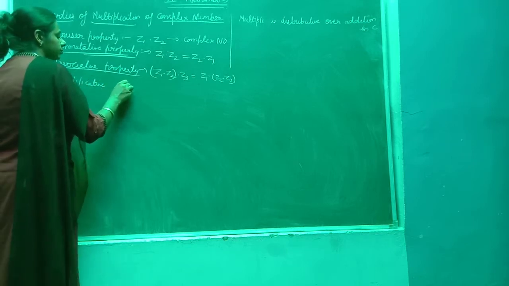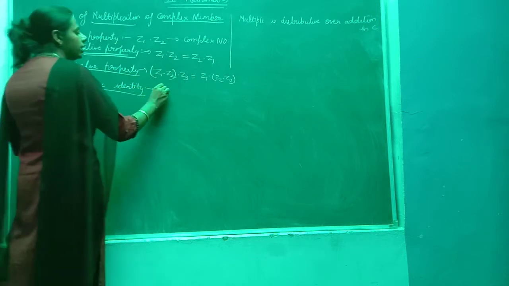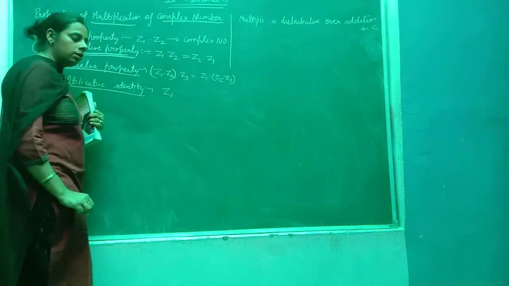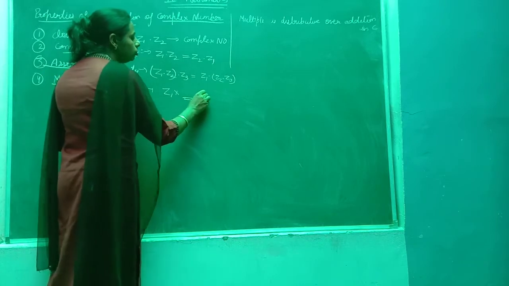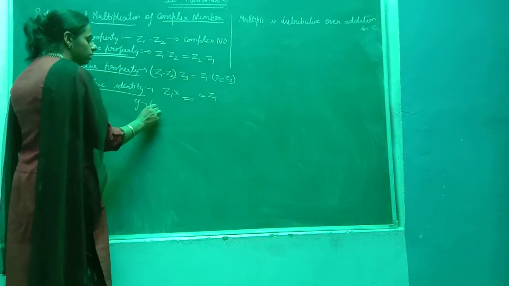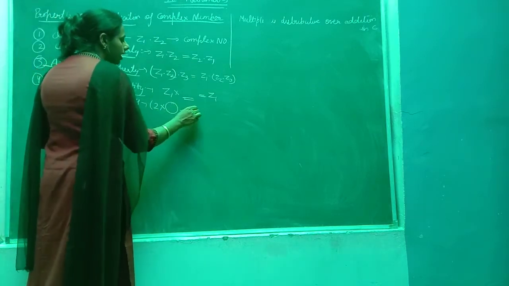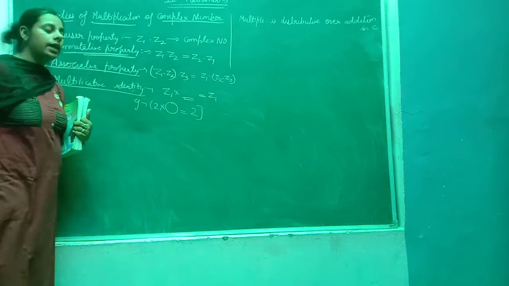The fourth property is the multiplicative identity. What is the multiplicative identity? As you know, it is the number by which we multiply a complex number to get the same complex number. You can take any example: by what should you multiply 2 to get the same 2? That is one.